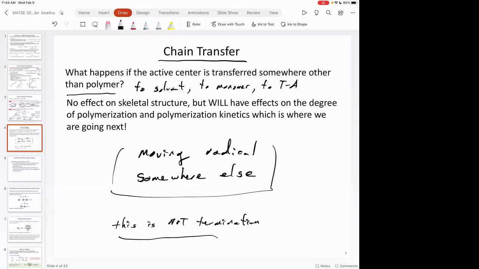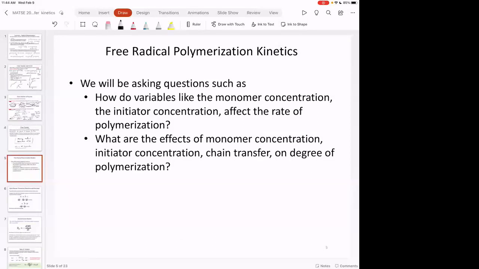And what happens is that as soon as you take that growing chain end that's on a polymer and transfer it to a small molecule, even if it grows another polymer, you've decreased the molecular weight and you've slowed down the polymerization. All right, so we're going to talk kinetics because I know you all really, in addition to organic chemistry reactions, really like to talk about chemical kinetics, but this tells us how fast these polymers are going to grow.